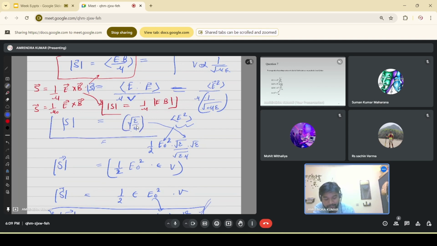From here you can see clearly why this is like this, meaning the proportionality between this S and the E vector. And you can see this epsilon is on the top and the mu is on the bottom.